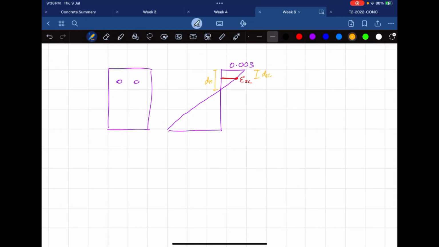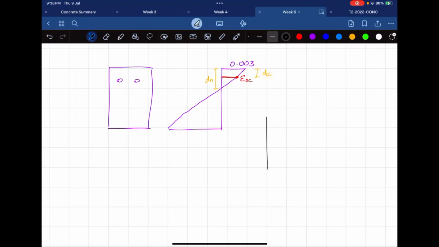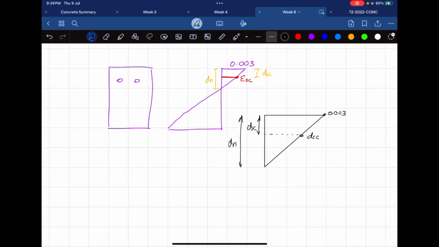So if I draw out similar triangles, oh wait, why don't I just make it look nice? The missing side of this triangle here is going to be dn minus dsc.